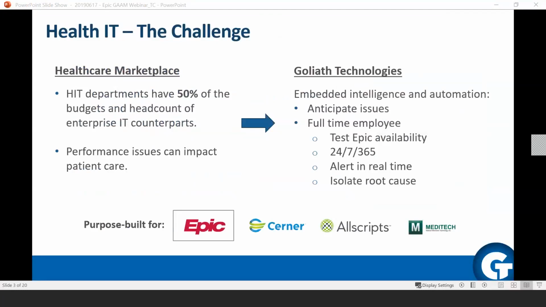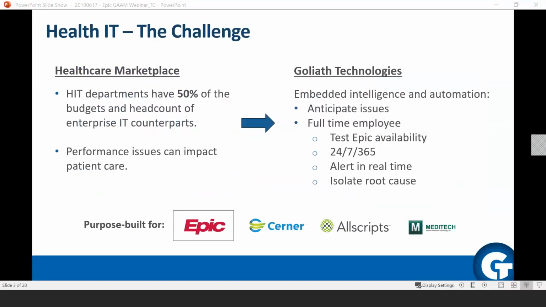So what Goliath Technologies did is we tried to create a technology with embedded intelligence and automation. The whole notion here, especially with this webinar today and the technology we're going to introduce you to, is to give everyone the ability to anticipate issues before they impact end users and therefore patient care. This technology is like adding a full-time employee to your environment.